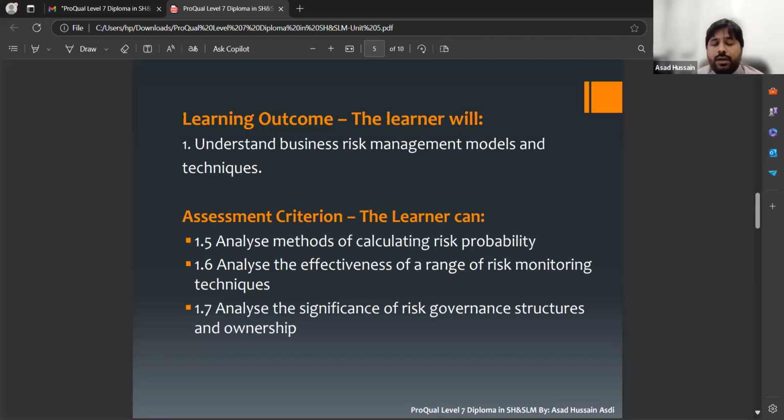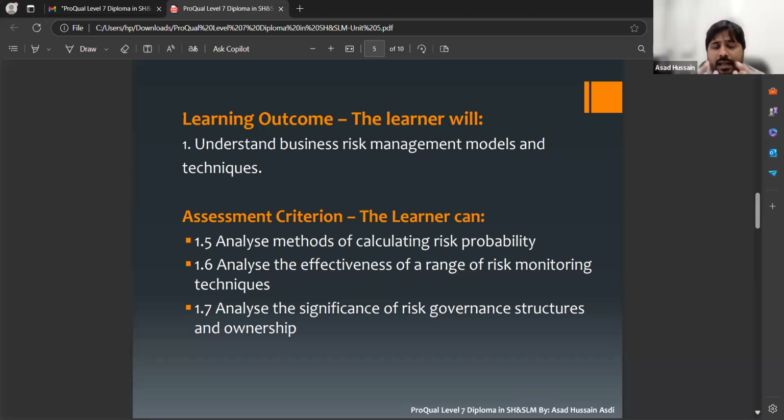If you think about what methods there can be, there are different methods, like the risk scoring method, the Delphi method, Bowtie analysis, sensitivity analysis, quantitative research, qualitative research. Such methods can be used in an organization for calculating risk probability.